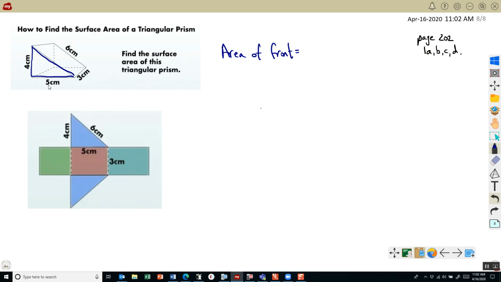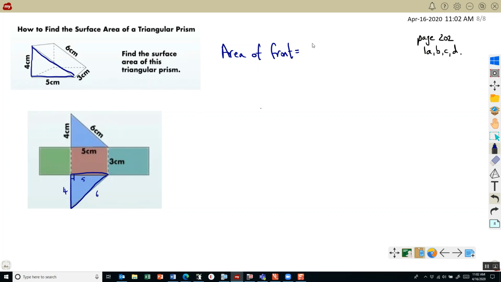Now, what type of shape is the front? It's easy enough to see here. It is a triangle, and it corresponds to this side, which is again a triangle, and it has 4. This side is 5, and this side is 6.